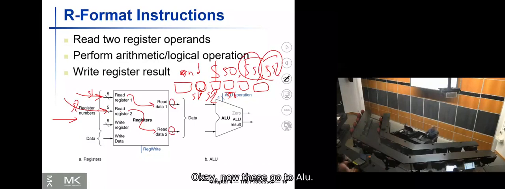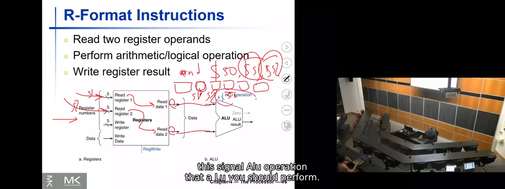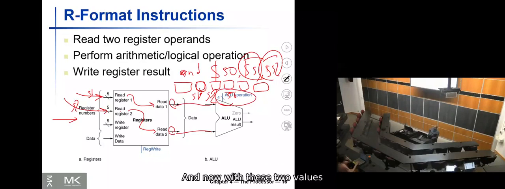Okay? Now these go to the ALU. And what was the operation? The operation was AND. So the controller should tell the ALU from here with this signal, ALU operation, that ALU, you should perform AND now. AND with these two values, and the result comes here.